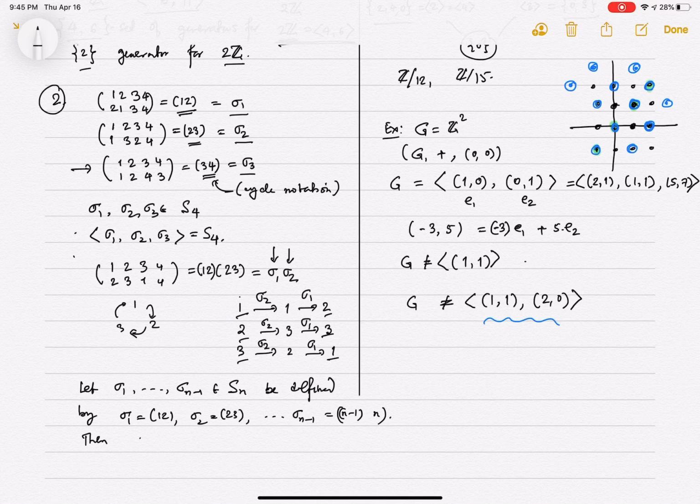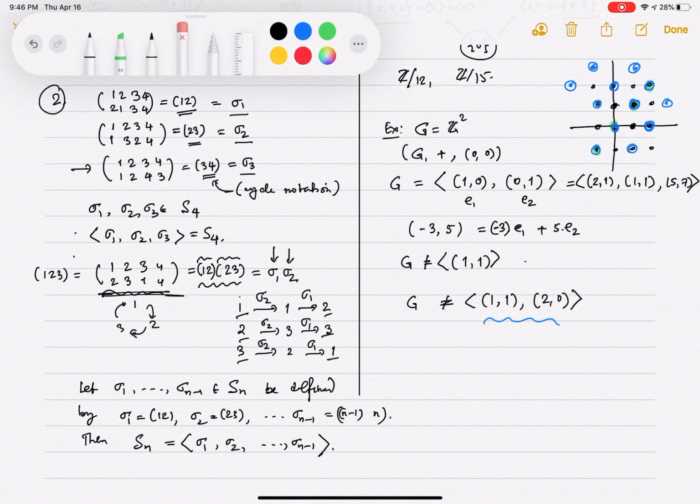Then this is a particularly nice set of generators for Sn. Maybe when we play with Sn some more, we'll talk about this more. Maybe one remark. This is not the cycle notation for this permutation. The cycle notation is (1 2 3). You see, these cycles are not disjoint. It's simply saying that this permutation here is the product of sigma 1 and sigma 2.